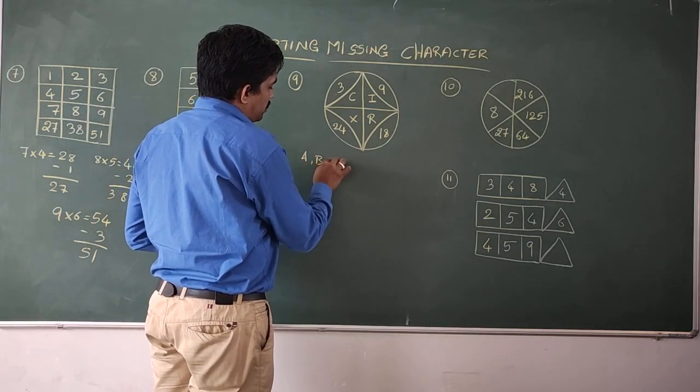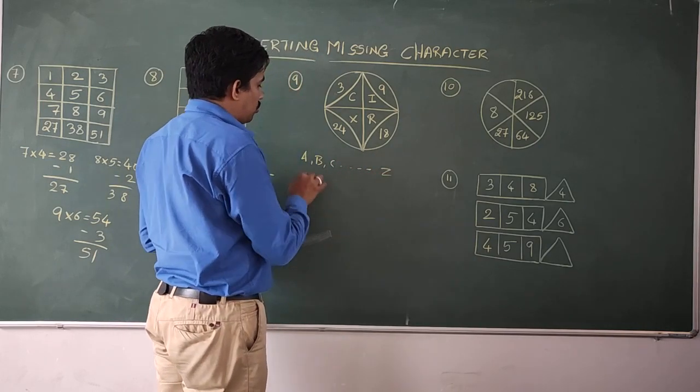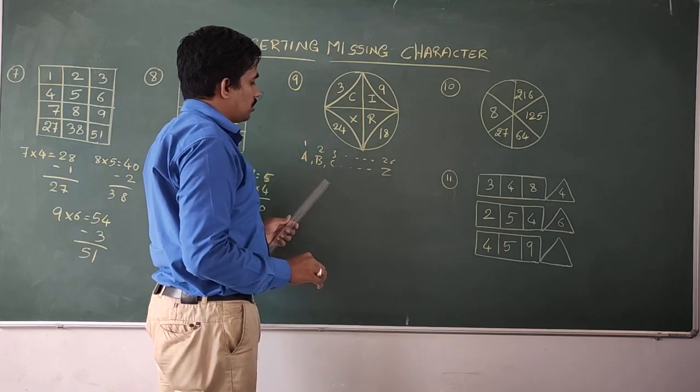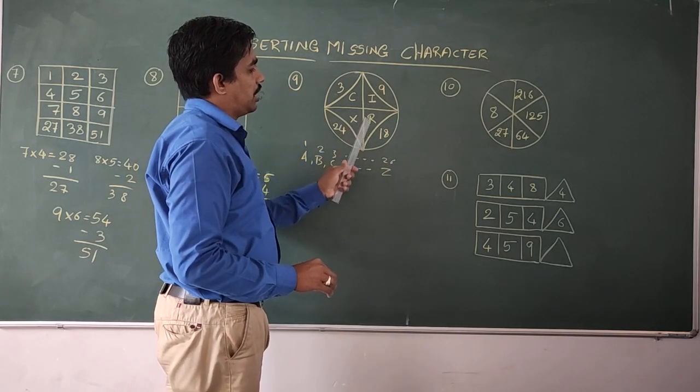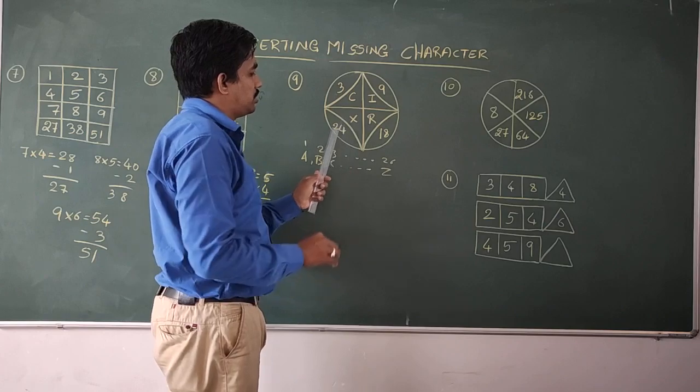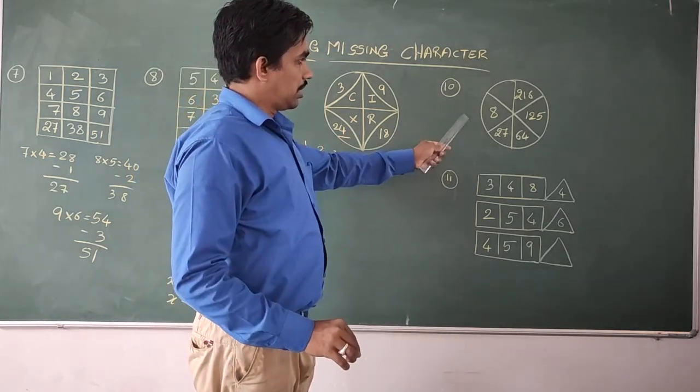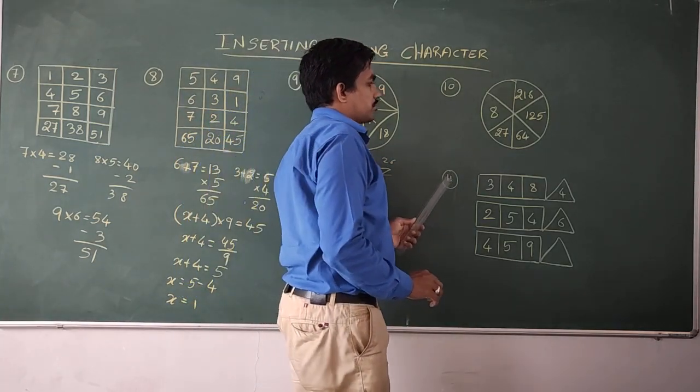So up to Z you have to know 1, 2, 3, up to 26. So C means 3, I means 9, R means 18 and X means 24. So this we solved.